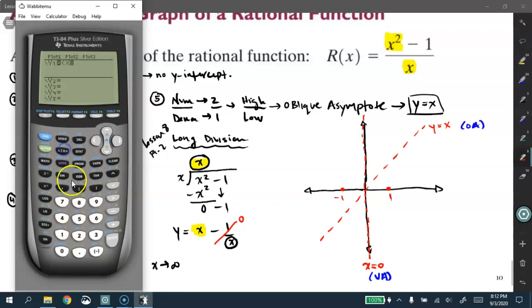We end up with x squared minus 1, divided by x. When we do that, here is what we end up with. We can zoom in a little bit into the center to see better what's happening. This graph is going through -1 and 1.